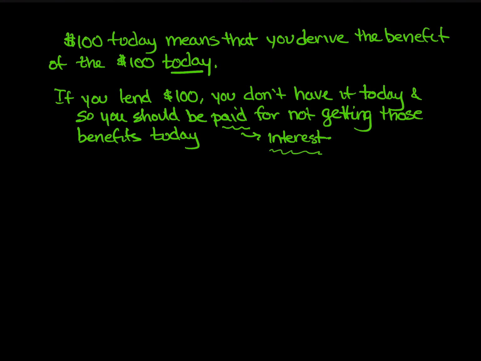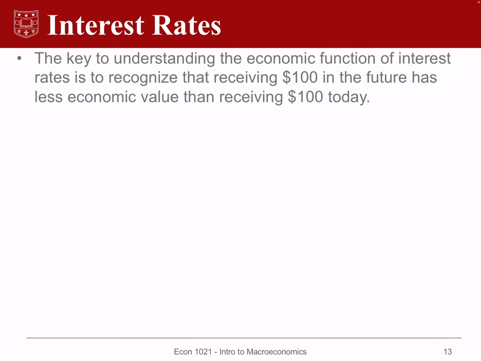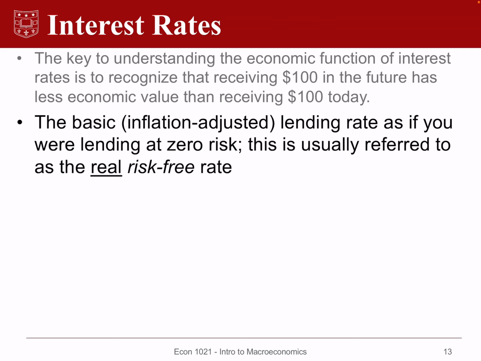So, what I want to do is think a little bit more about this, and specifically how we think about the determination of interest rates. What goes into the determination of interest rates? Well, there are three things that at their core are important. One thing that goes into the determination of the interest rate is your preference for today's consumption.